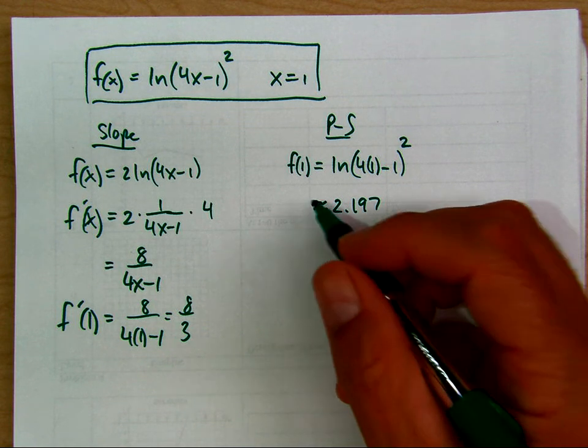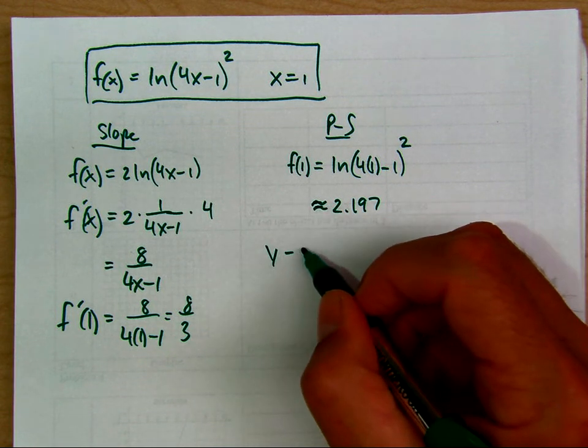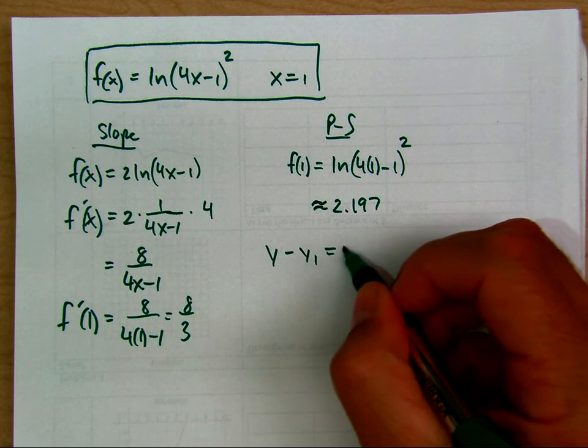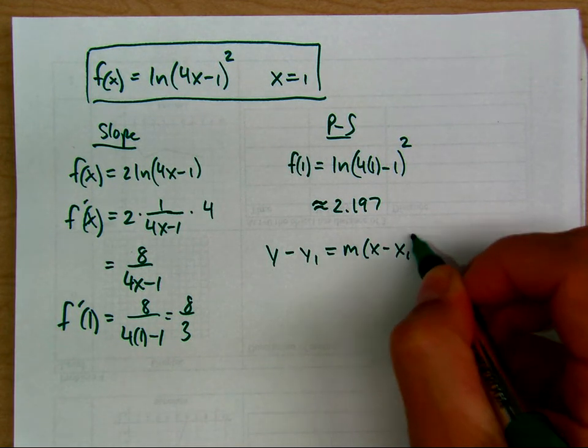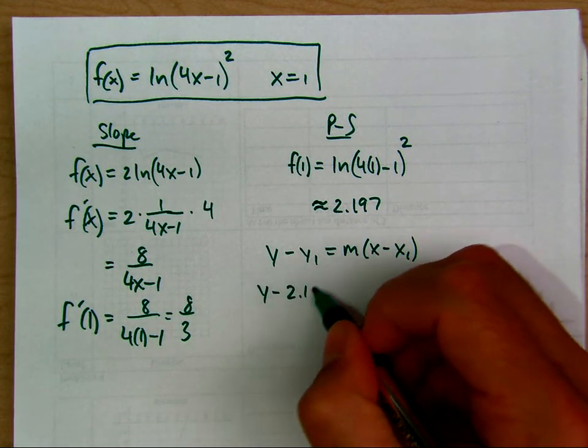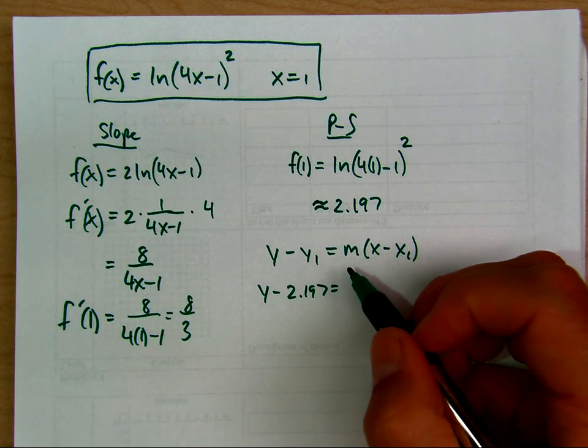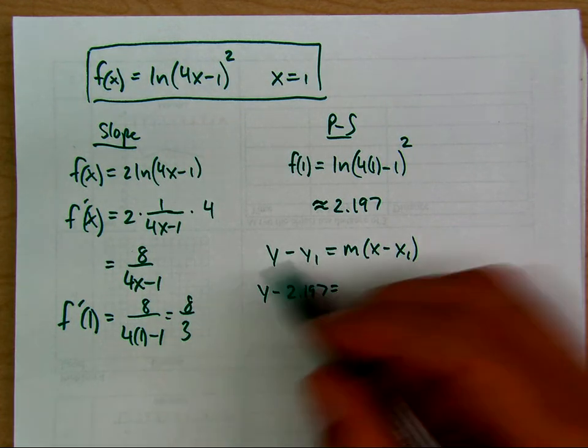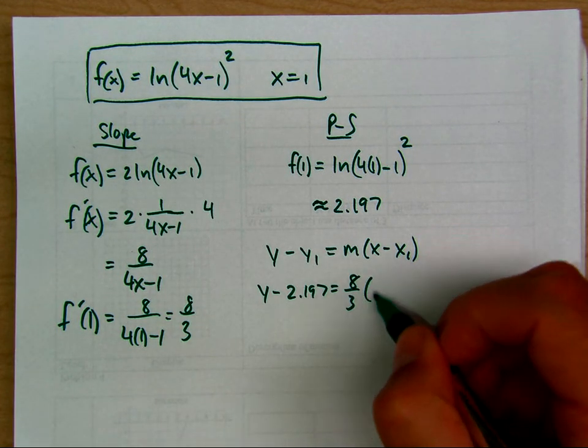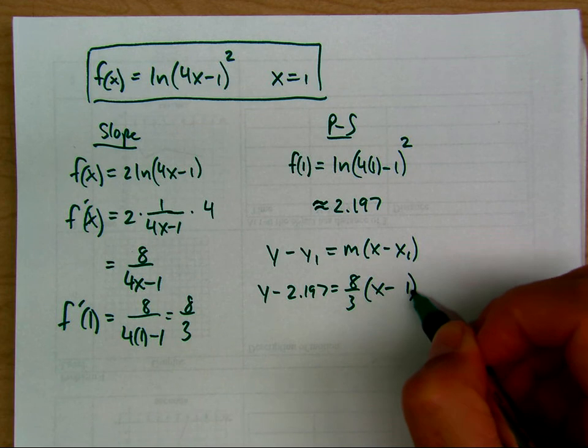And then we can do y minus y1 equals m times (x minus x1), with y1 as 2.197, and the slope is 8/3. The x value is 1.